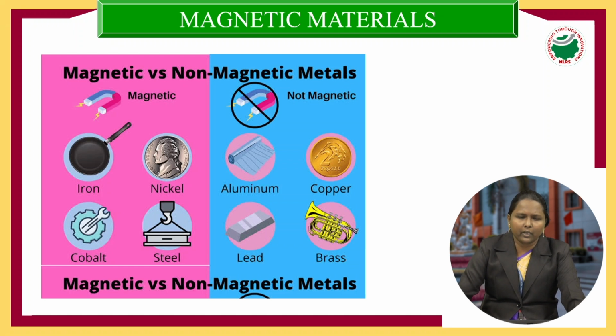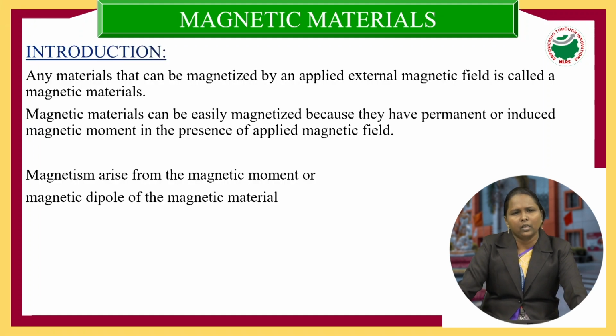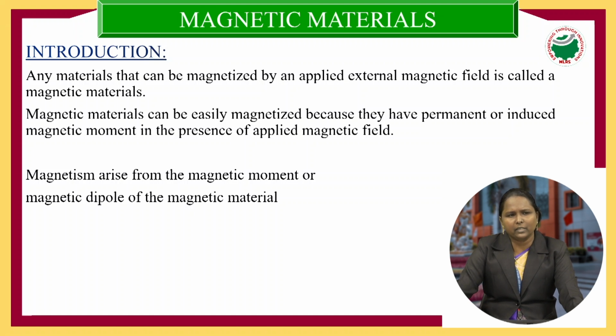Based on the response of the materials to an applied magnetic field, we can classify the materials as magnetic and non-magnetic. How can a material be classified as a magnetic material? If the material has a magnetic moment, that type of material is called a magnetic material.